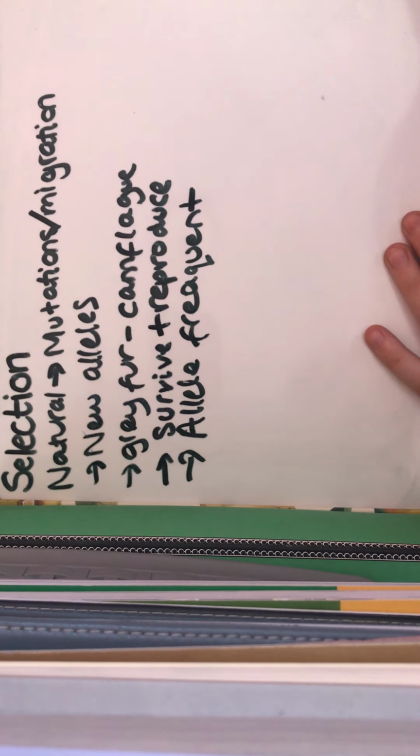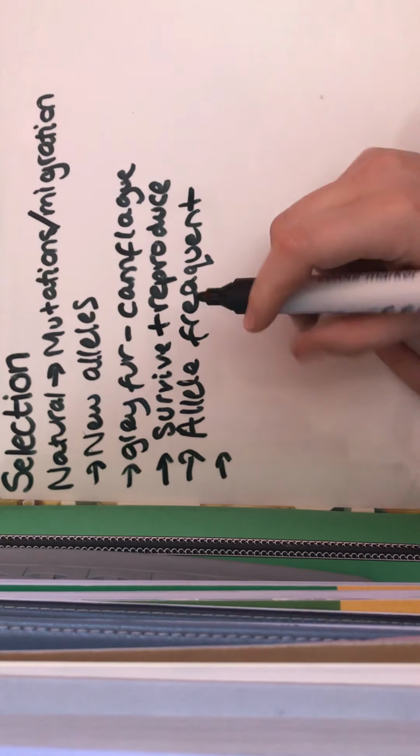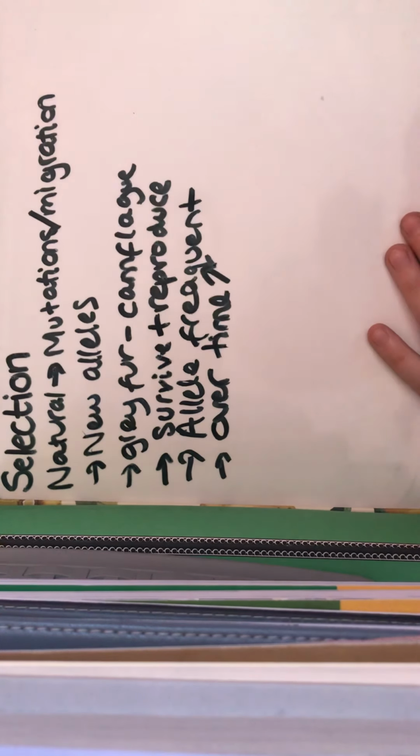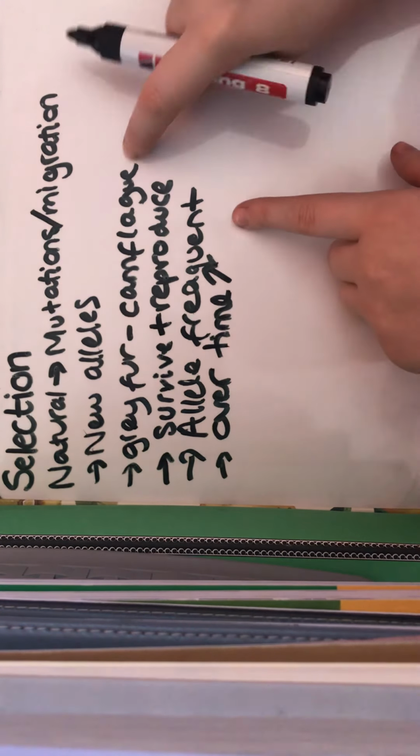So over many generations, over time, there's going to be a higher proportion of this beneficial allele in the population, and that's natural selection. There are three main types of this selection. We've got stabilising, directional and disruptive.